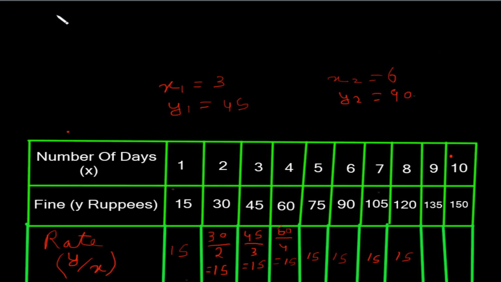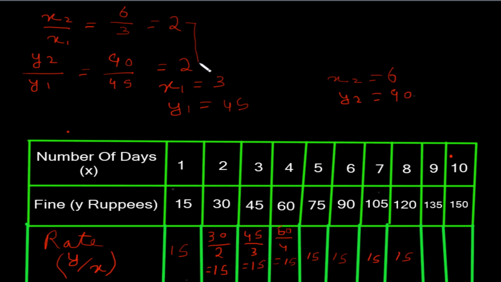Let me write x sub 2 divided by x sub 1. That gives 6 divided by 3, which is equal to 2. And y sub 2 divided by y sub 1 is 90 divided by 45, which is also equal to 2.